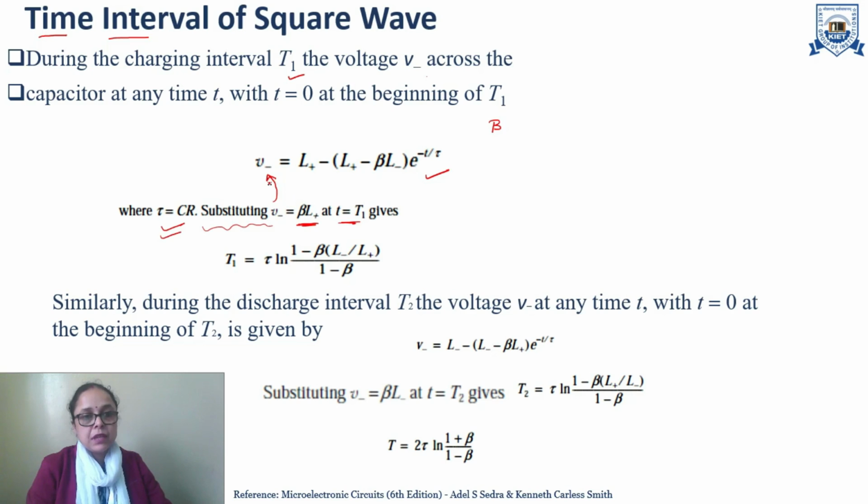We will put V minus equal to beta L plus. So, beta L plus will be L plus minus bracket L plus minus beta L minus, e to the power minus t by tau. If we put the value of V minus as beta L plus, we will get this equation. Now, we will take L plus as common.